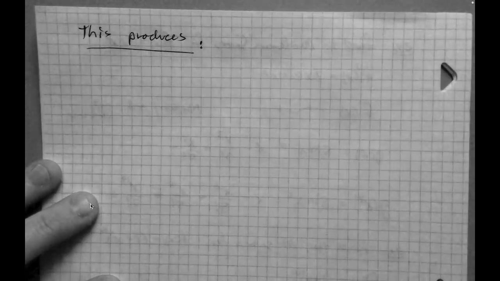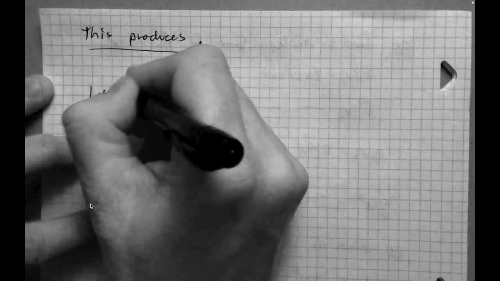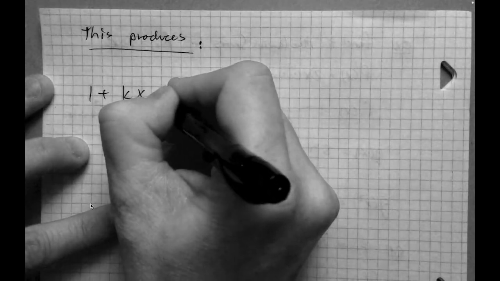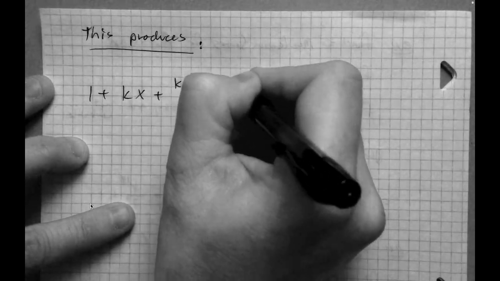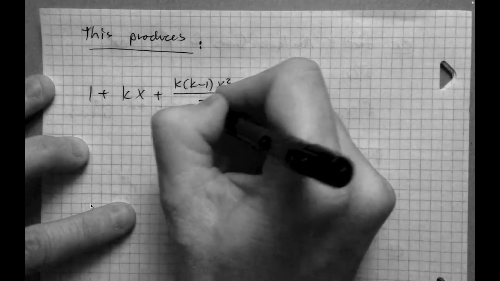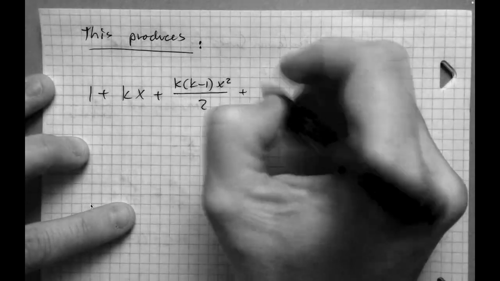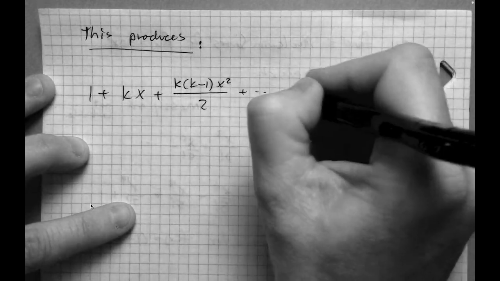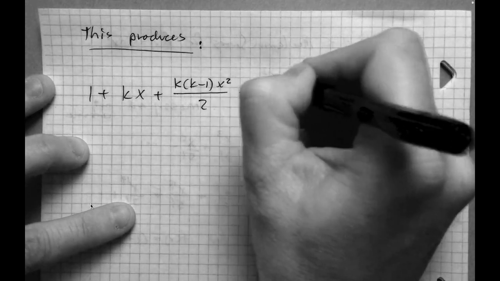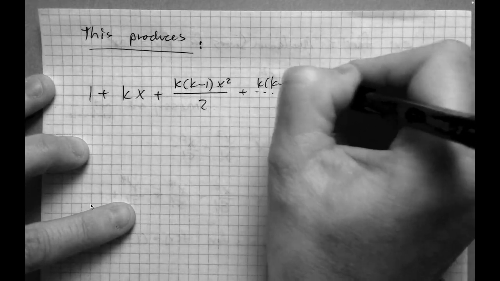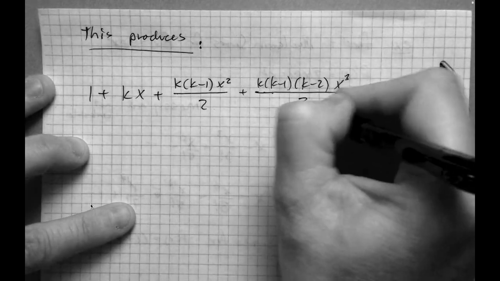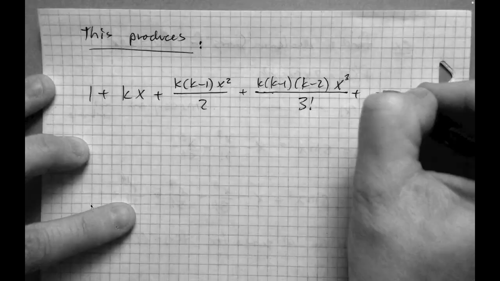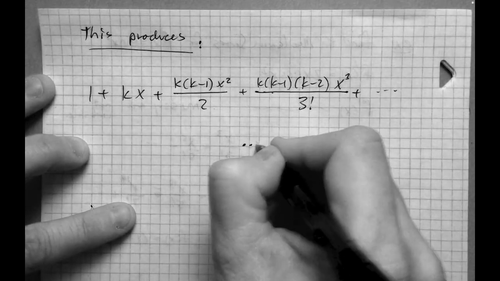Well, it gets us 1 plus k times x plus k times k minus 1 x squared over 2 plus, we'll do one more, k times k minus 1 times k minus 2 x cubed over 3 factorial plus, and now here's the dot dot dot.